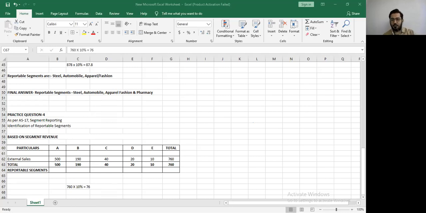That's my first question to you. Of course, yes, segment A will be reportable. Why? Because your 10% criteria is 76. However, you have 500, so definitely this is a reportable segment.